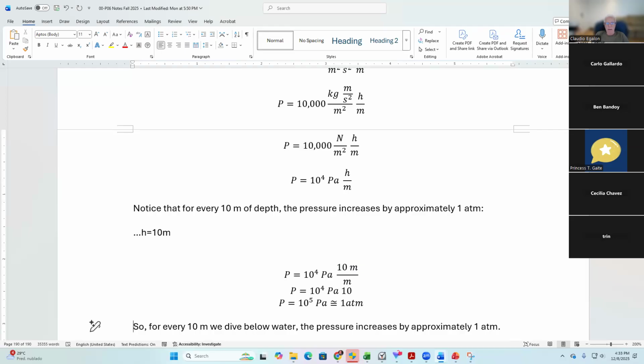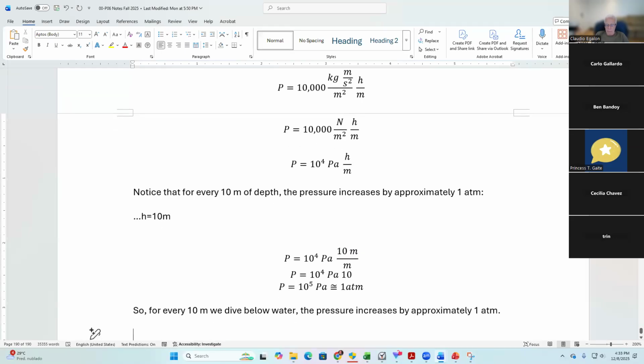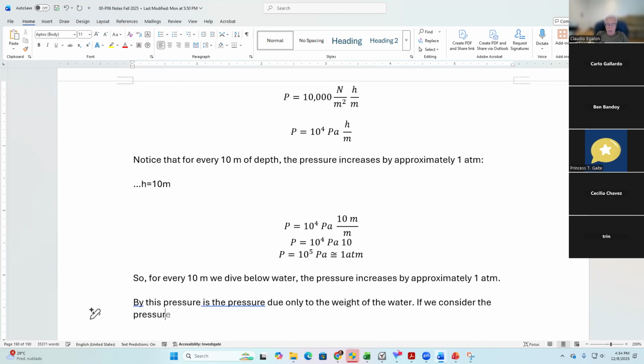Hey, but there's more. This pressure is the pressure due only to the weight of the water. Okay? If we consider the air pressure above the water, we have 2 atmospheres.